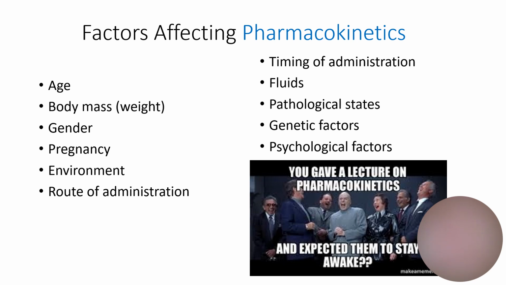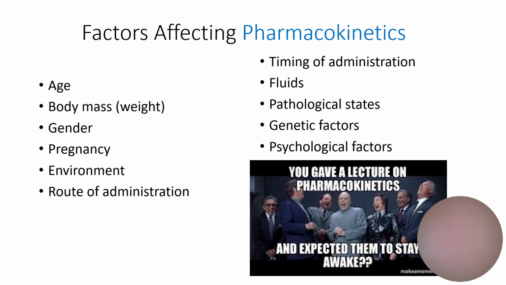But your 450-pound patient may need a much larger dose so that they can get the same effect as somebody that might be smaller. Gender: hormones, body mass, and differences between fat and water distribution mean that drugs do affect men and women differently. Pregnancy: drugs known to cause developmental defects in the fetus are called teratogenic drugs, and these are to be avoided during pregnancy. That would be something you may want to remember.